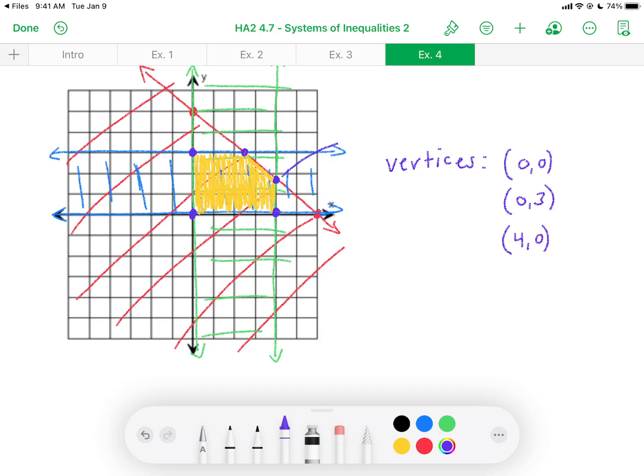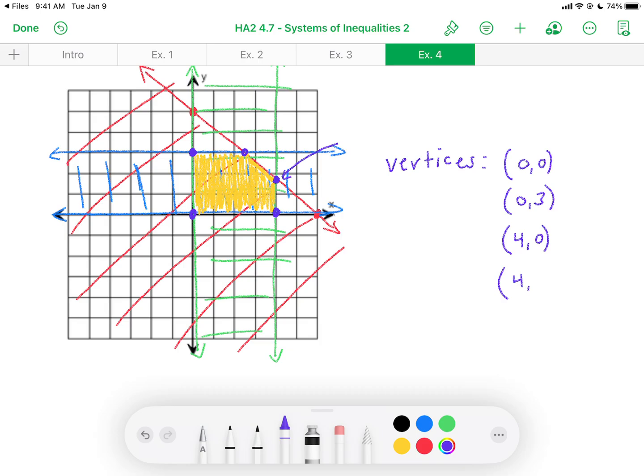Now, how about this one right here? X coordinate of that is definitely what? X equals 4. Y coordinate? Kind of tough to tell just by looking at it, right? So how can we be certain of the y coordinate of that intersection point?